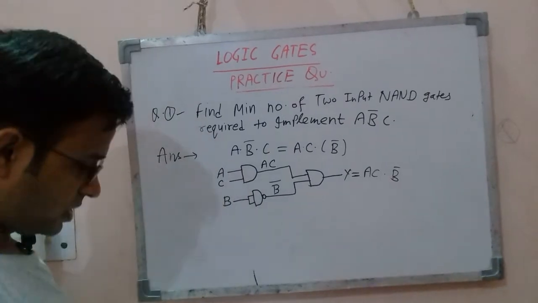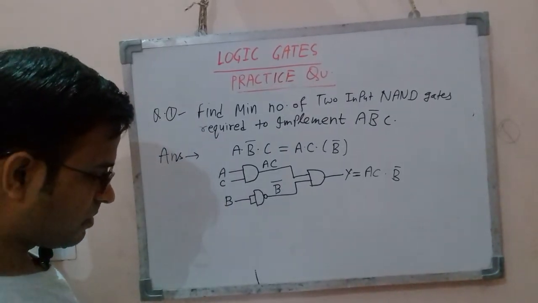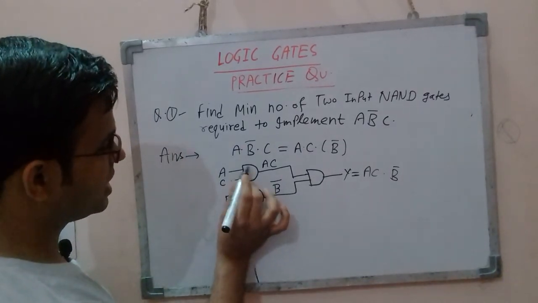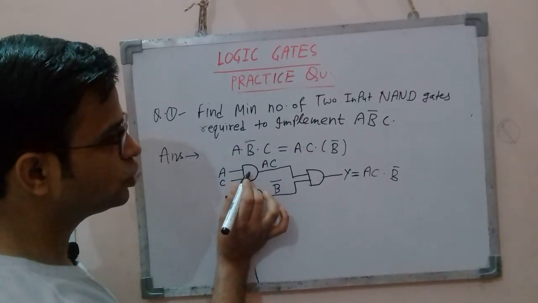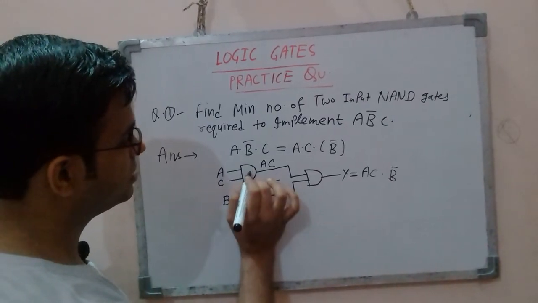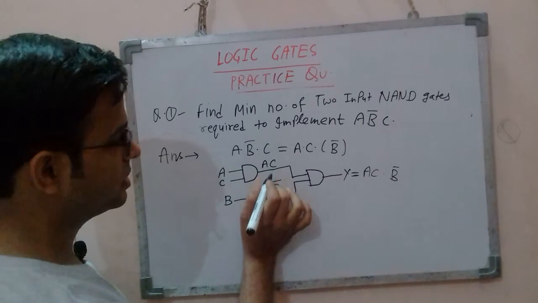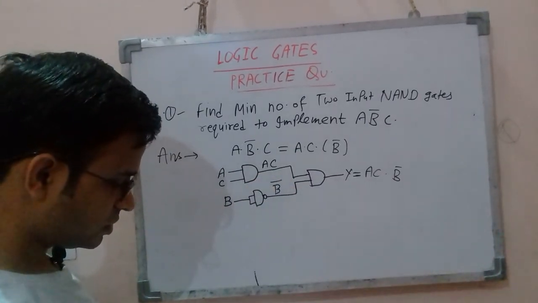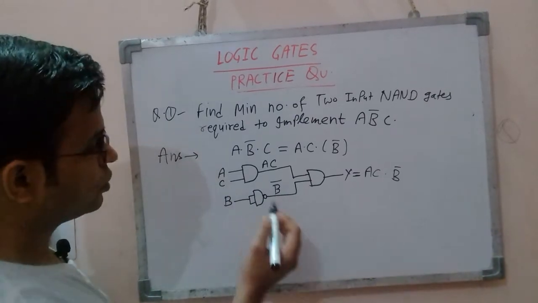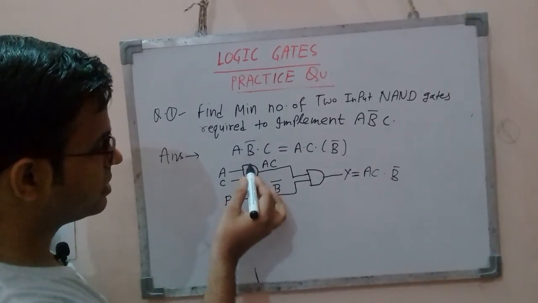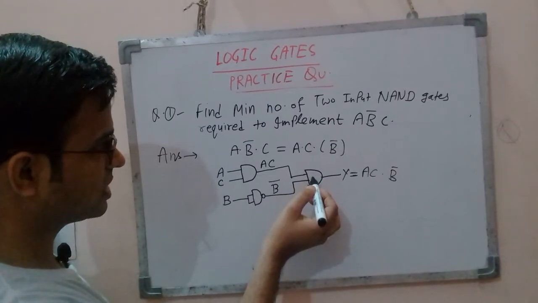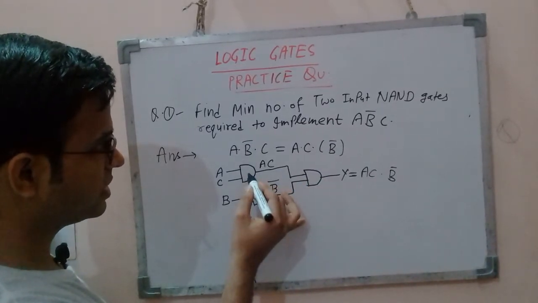Now you know that to make one AND gate we need 2 NAND gates. This AND gate is nothing but equivalent to 2 NAND gates. If you connect 2 NAND gates in series, you will get AC only. So 2 NAND gates are required here, and 2 NAND gates are required here at this stage, because this is also an AND gate.